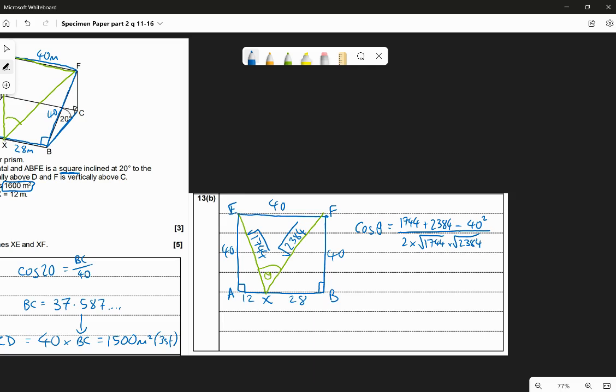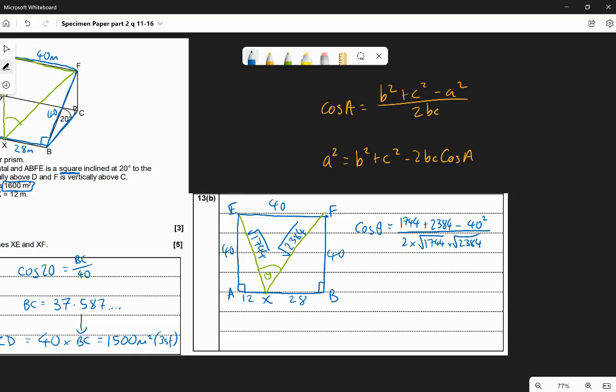So the rearrangement of the cosine rule, make sure you know that rearrangement of the basic formula a squared equals b squared plus c squared minus 2bc cos a. It's useful to know the rearrangement into cos a is equal to b squared plus c squared minus a squared over 2bc, rather than having to be rearranging and spending that time on a basic rearrangement during the exam.